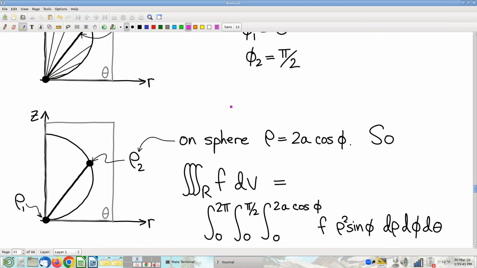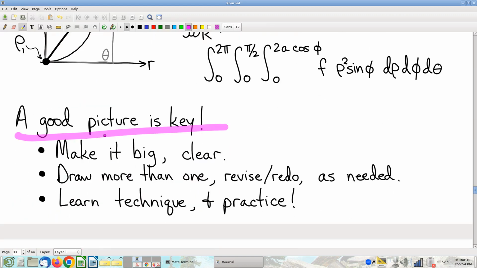I identified certain points that I understood as being part of certain surfaces and then took it from there. The picture was indispensably part of my reasoning. And you have to represent your reasoning. So it's very important also from a communication standpoint, a grading standpoint, to show your picture as part of the reasoning. When you do make a picture, please don't make it teeny tiny.